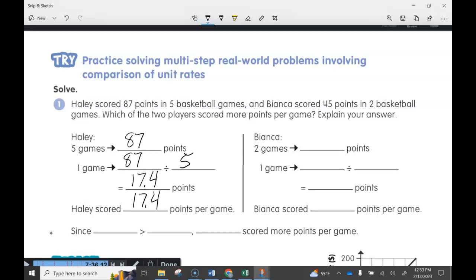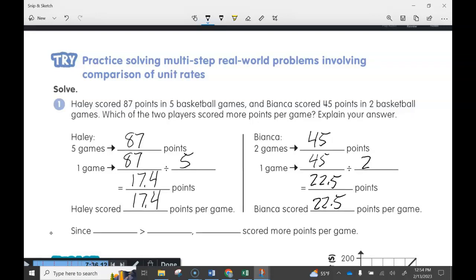You can put that in, 17.4 points per game there. Okay, so we take the total amount of points divided by the amount of games, and that's how much you get per game. So Bianca, 45 points. In order to figure out 1 game, you take the 45 points, divide it by 2. That's going to give you 22.5 points per game that Bianca scored.